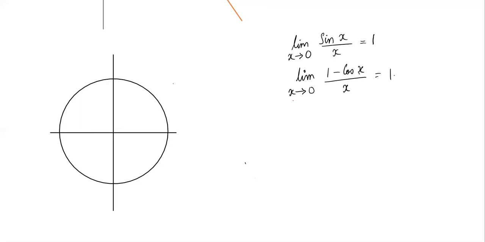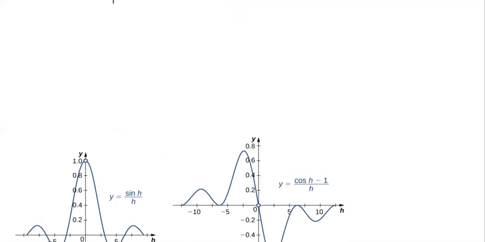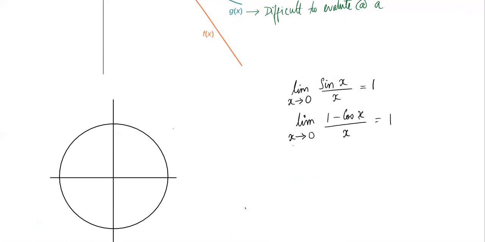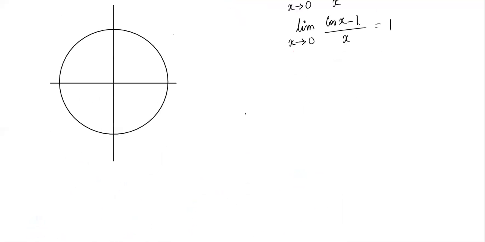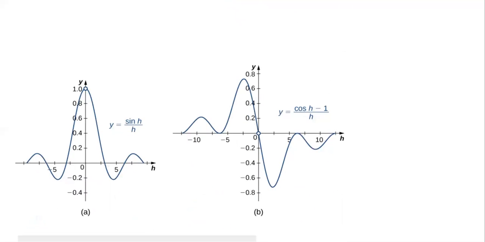Or I think I got it the other way around. Hold on. I have a graph here. Oh yes, cosine x minus 1. Apologize. It's cosine x minus 1 over x. Well, the answer is 1. Okay. Because I showed you the graph, let me illustrate that to you here quickly before I come back for the derivation of that answer.